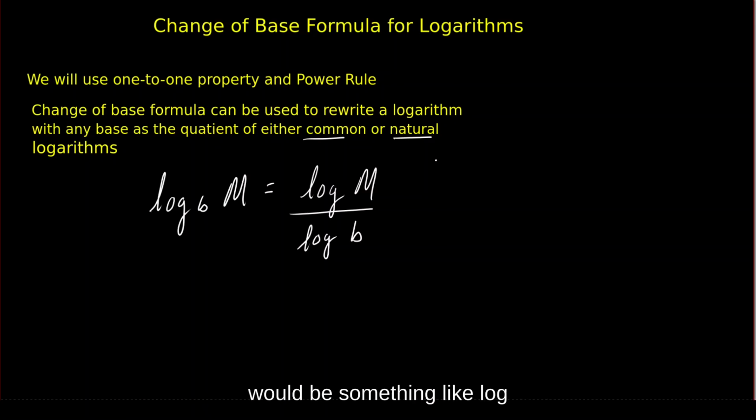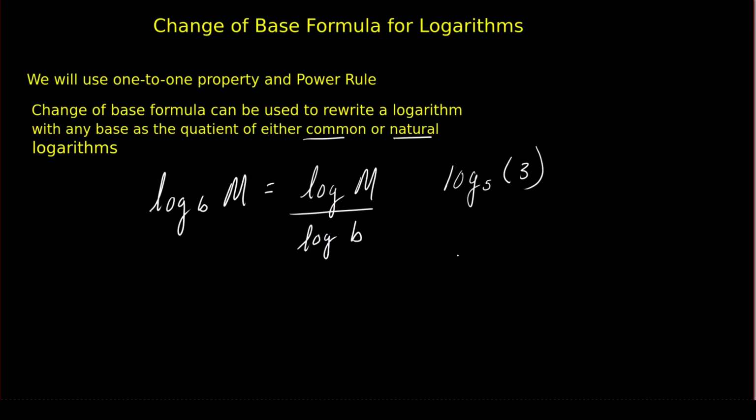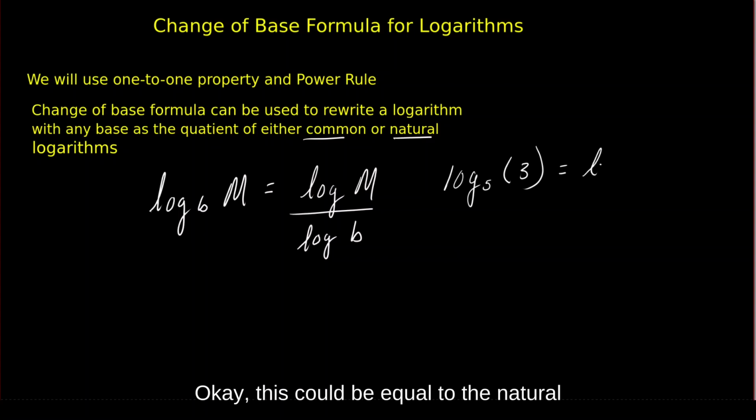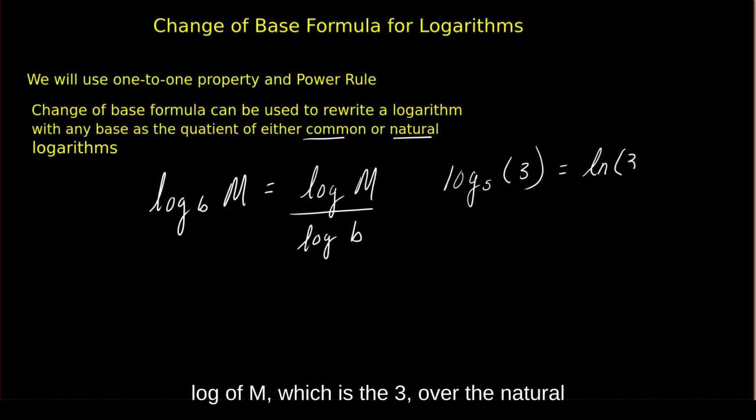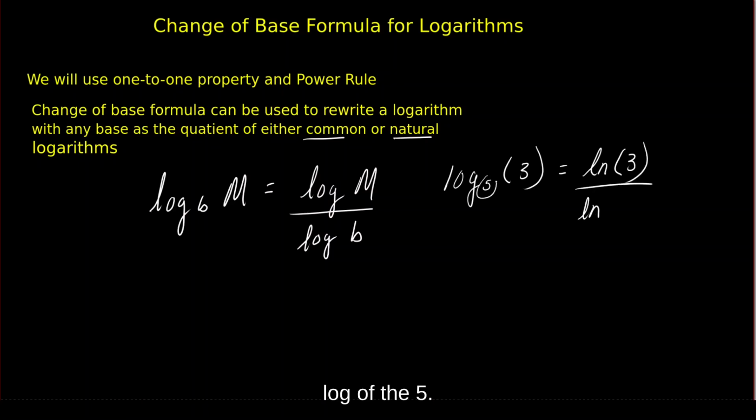So an example here would be something like log base 5 of 3. Okay, this could be equal to the natural log of 3 over the natural log of 5.